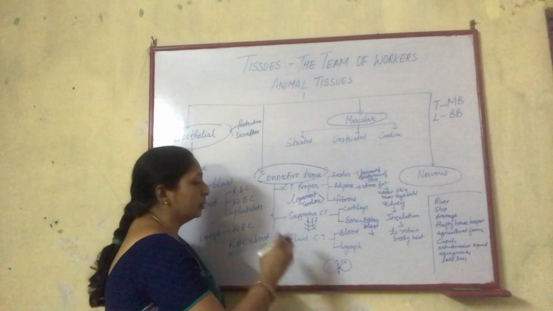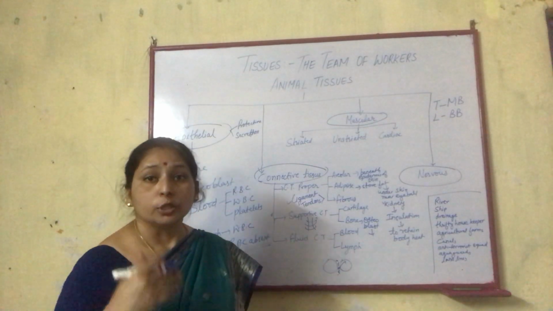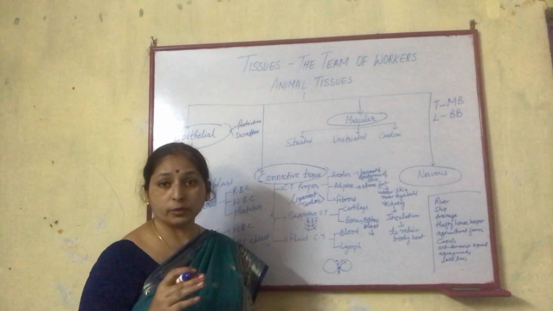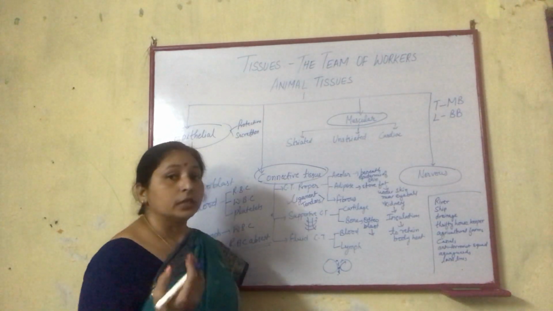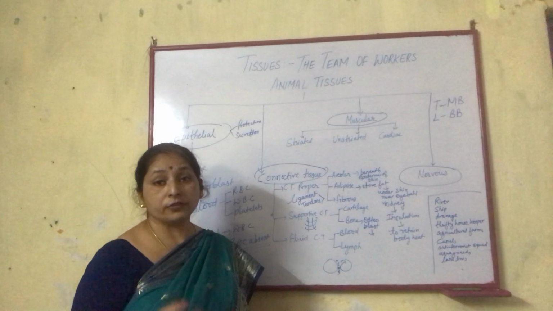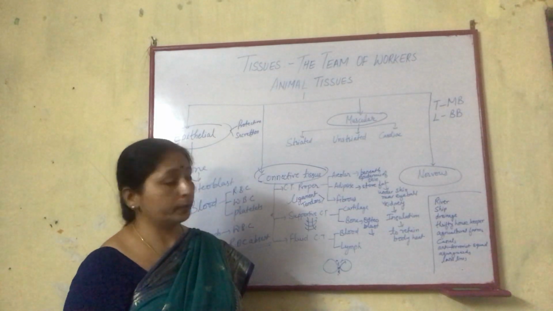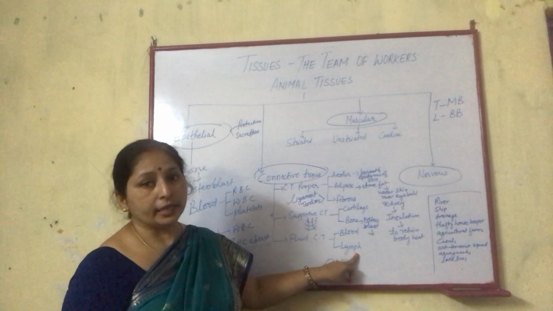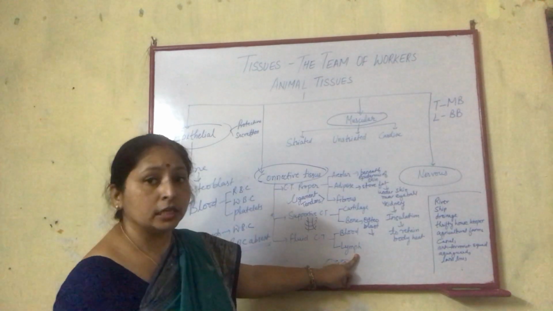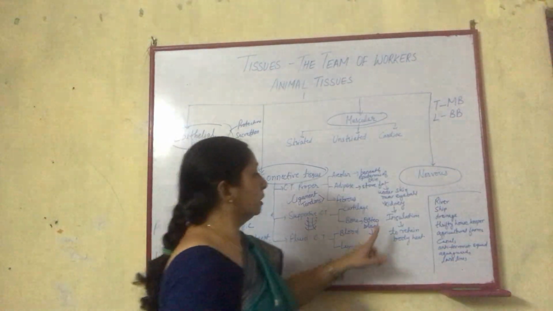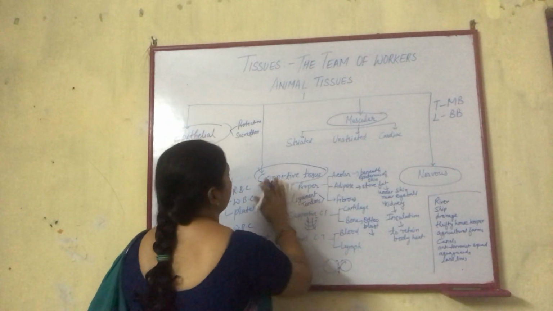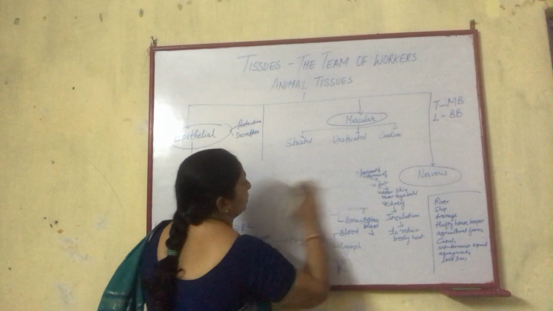The role of blood is to transport oxygen to all parts of the body, and lymph contains WBC, so its basic function is to provide immunity to fight against foreign agents and germs.